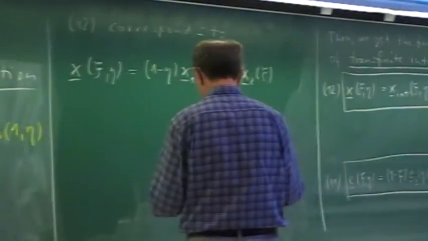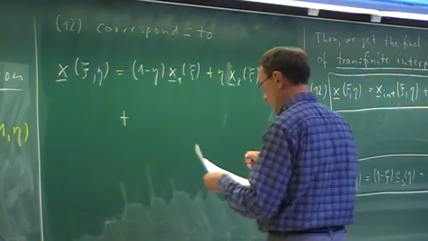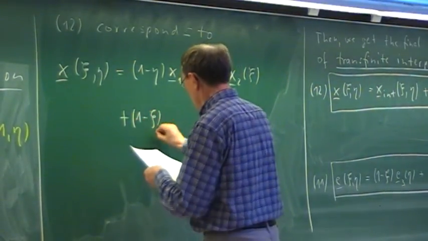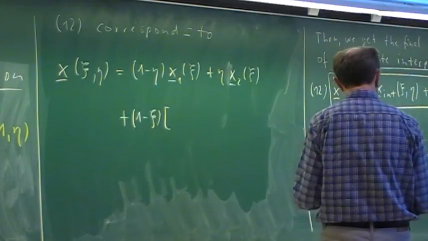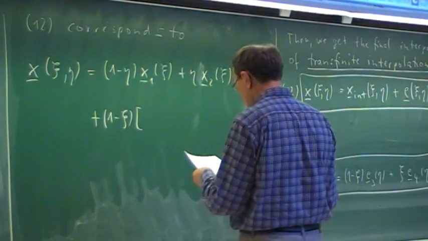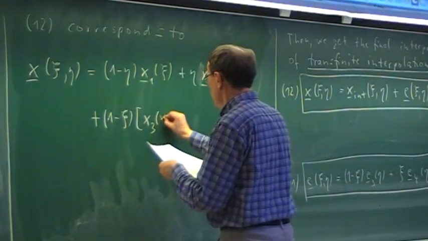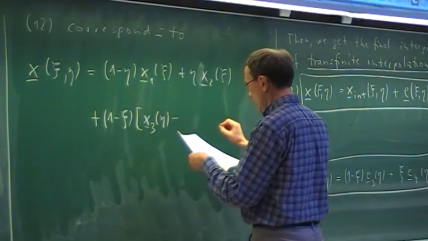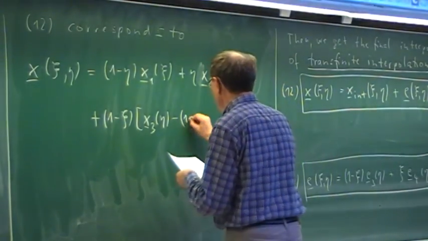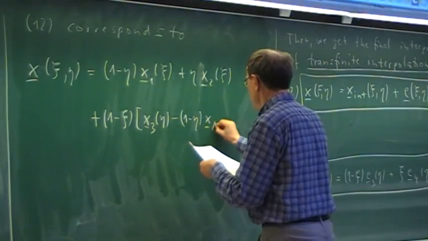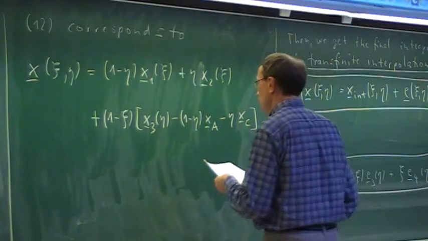And then we add the error, and the error, we have it still here, is 1 minus psi times E3, and the E3 was the coordinate at the left, x3 of eta, minus the interpolated values, and they were 1 minus eta xa plus eta xc. That was at the left boundary.